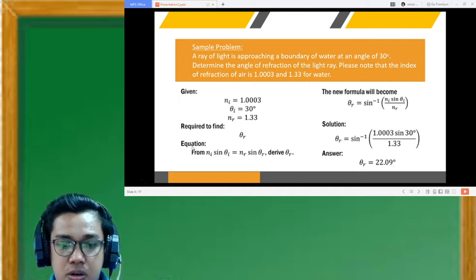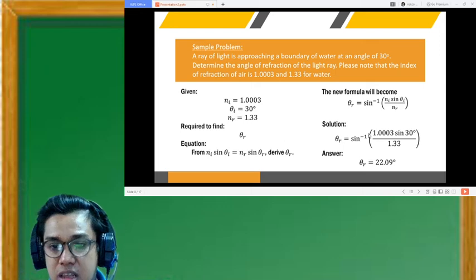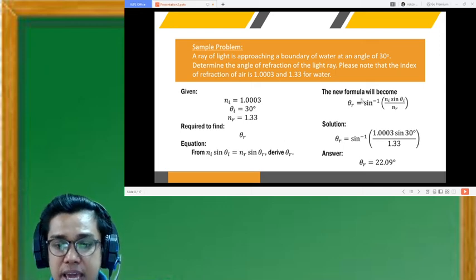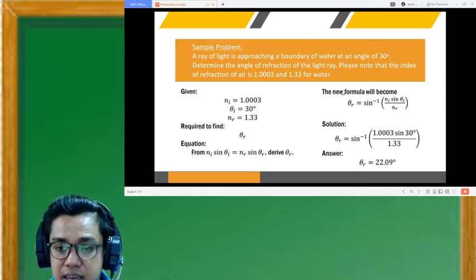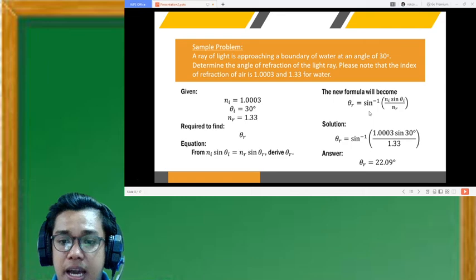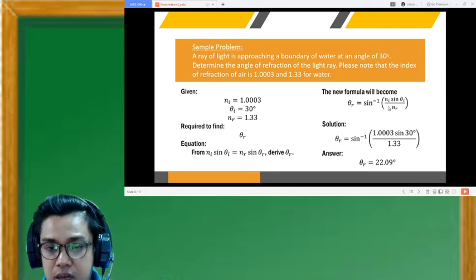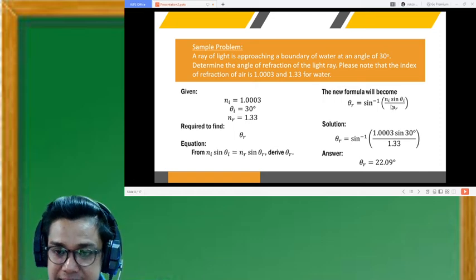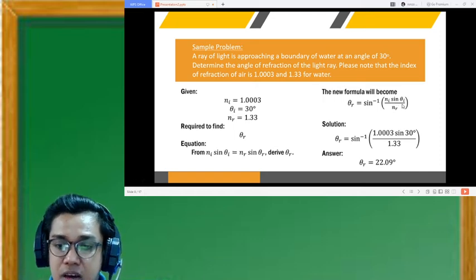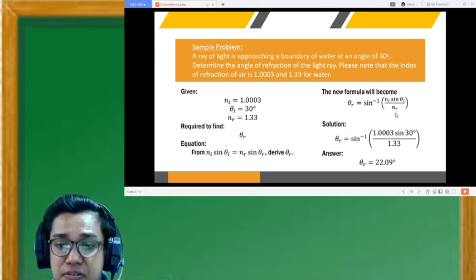Okay? So, from this formula, we derive another formula. For the new formula, we have the angle of refraction is equal to the inverse sine of the refractive index of the first medium times the sine of the angle of incidence over the refractive index of the second medium.